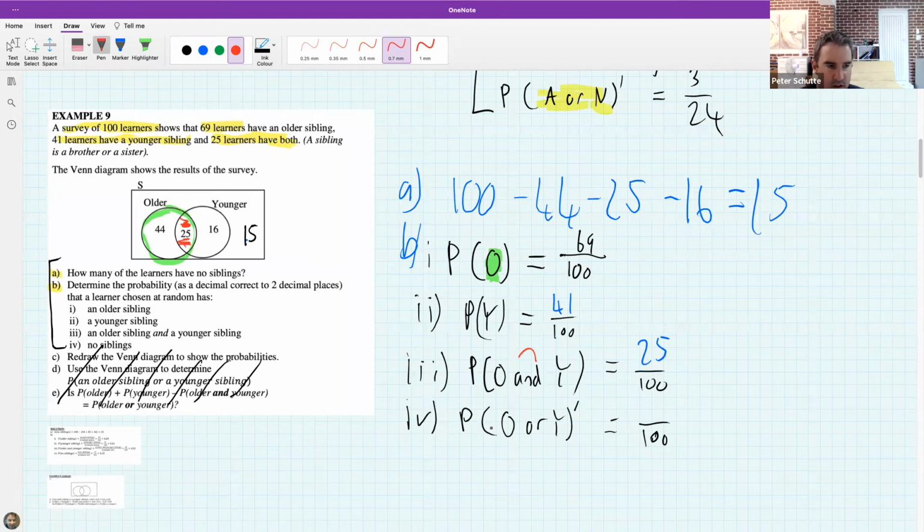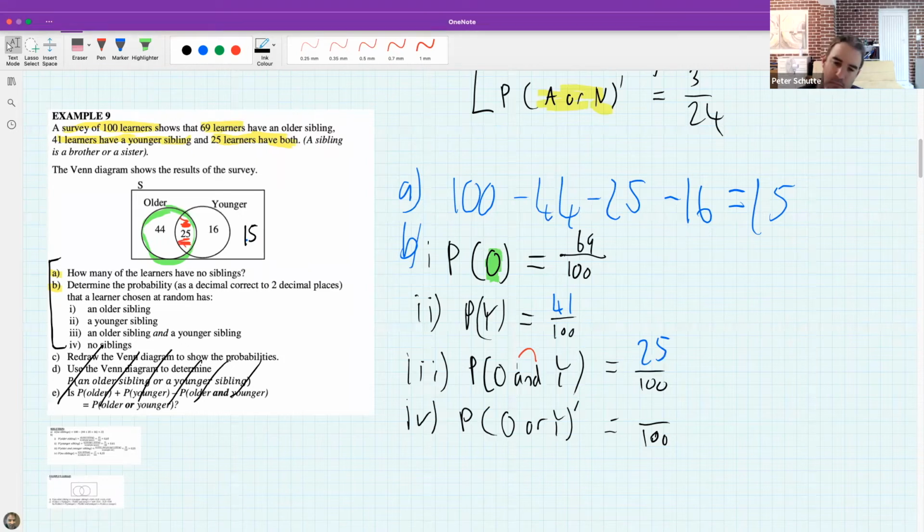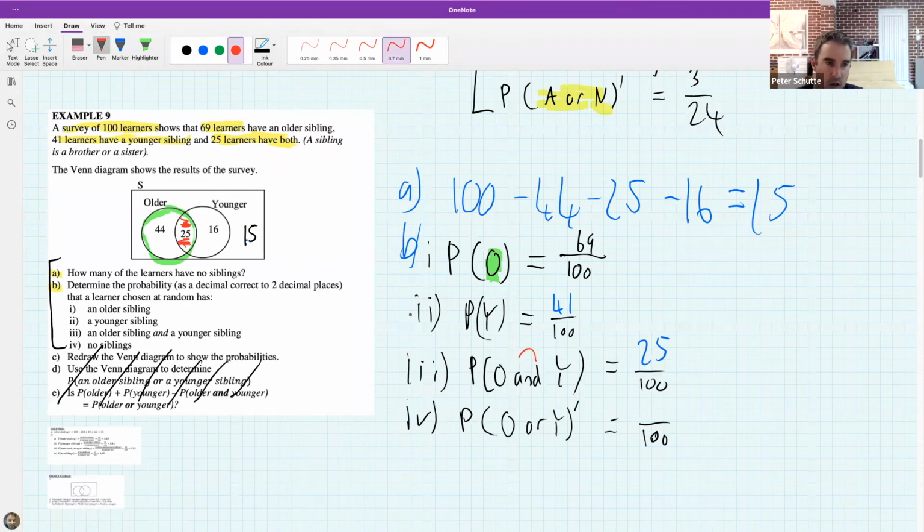And then have no older siblings is basically the complement of the two circles. Anything which is outside the two circles, what's that going to be? It's just going to be 15 out of 100.